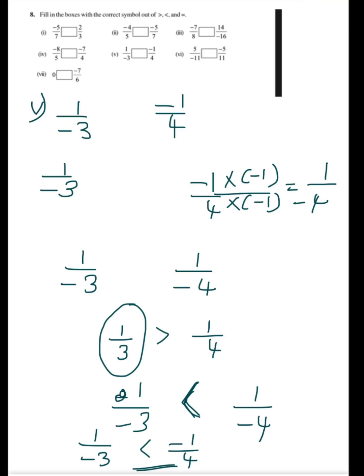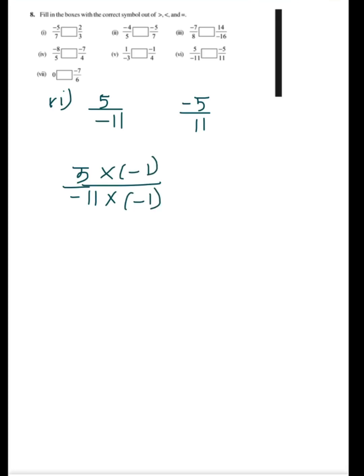Now let's see the sixth question. The sixth question is 5 by minus 11 and minus 5 by 11. By seeing this itself you can see that both are equal. 5 by minus 11 means what? If we multiply both sides with minus 1, then you will get the answer as minus 5 by 11, which is equal to this one.